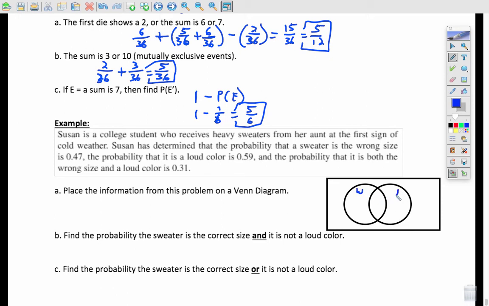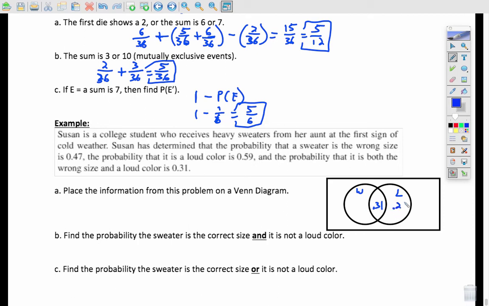So I'm going to label these sets here. I'm going to label wrong size as W and loud color as L. And the probability that she gets both the wrong size and the loud color is 0.31. So that's where I'm going to put the 0.31. Now, if you remember, I had to do some subtraction here.